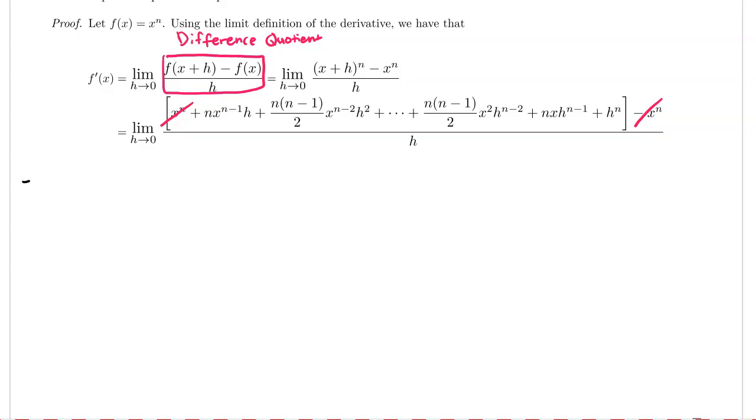And as a next step, we have the limit as h approaches 0 of, and what you'll notice now at this point is that every remaining term has at least one h in it.